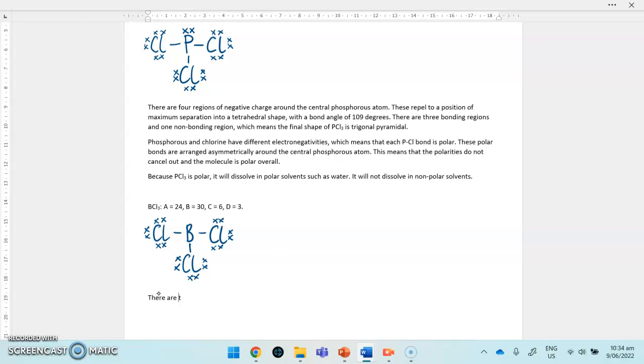Okay, so now this time there are 3 regions of negative charge around the central boron atom. Again, these repel to the position of maximum separation, to a trigonal planar shape.